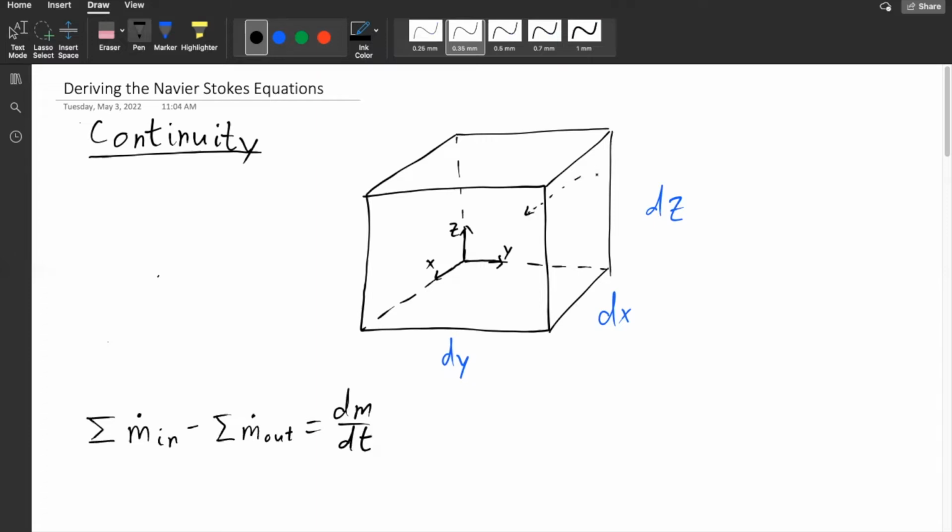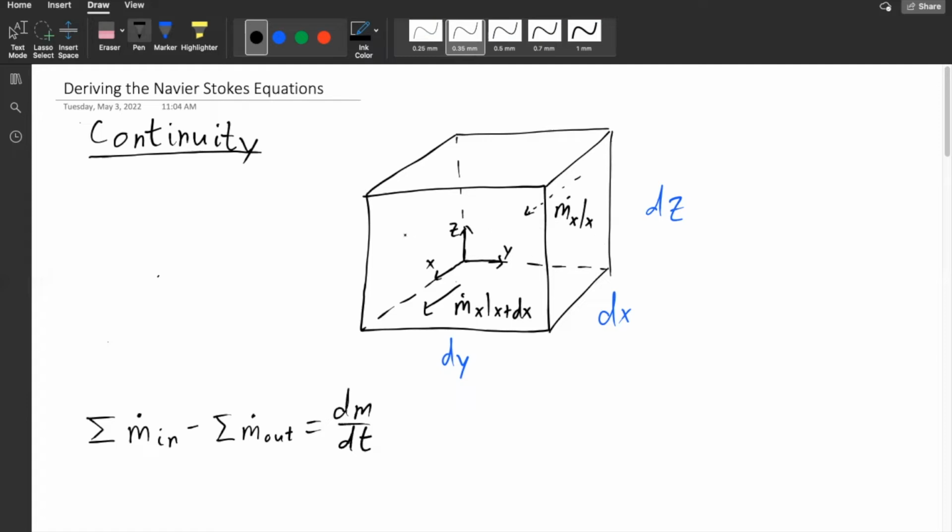We have the mass flow rate in the x direction at x, and out here, we have the mass flow rate in the x direction at x plus dx.